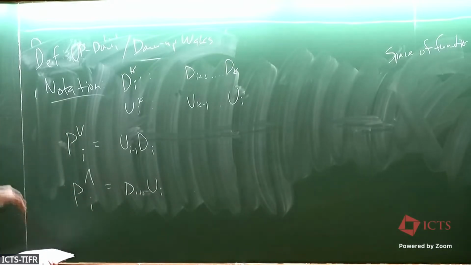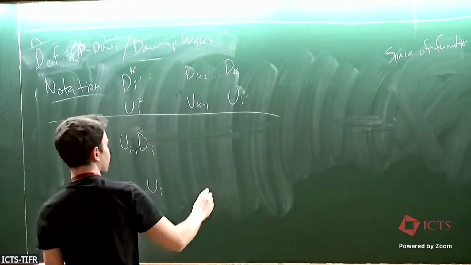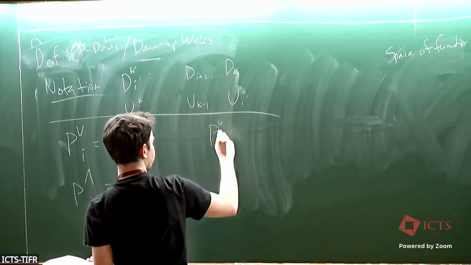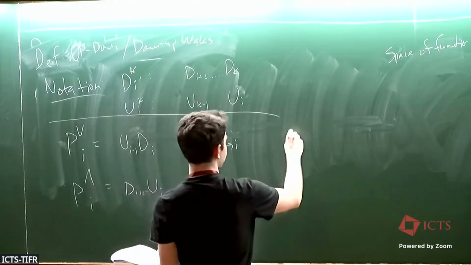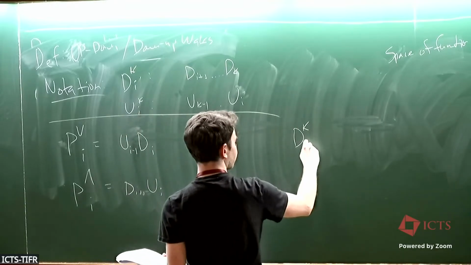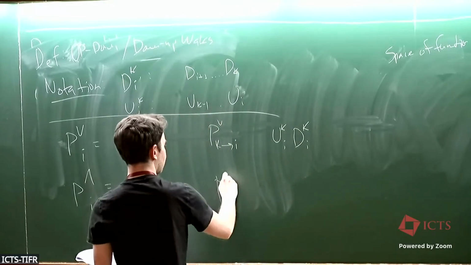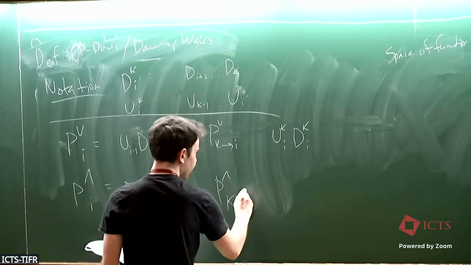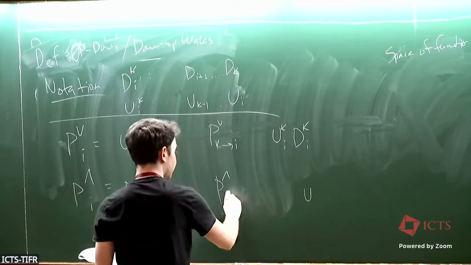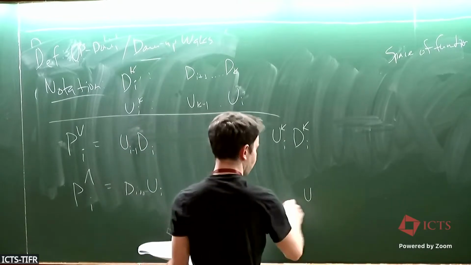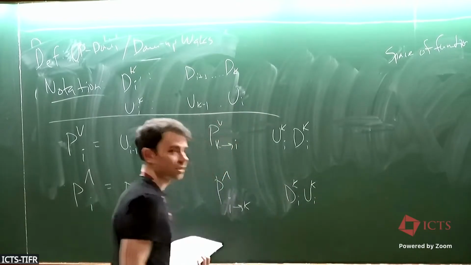And similarly, I can define the multi-level walks. Let's say P down-up from k to i would be starting at level k and going down to i, and then lifting back to k. And P up-down from i to k, sorry, a little tedious, is similar. It starts at level i, lifts up to level k, and then comes down to level i.